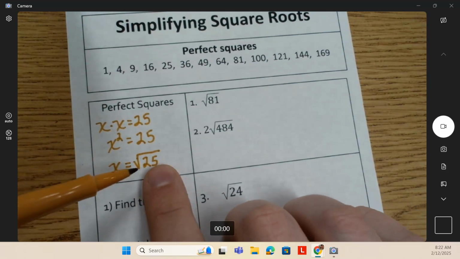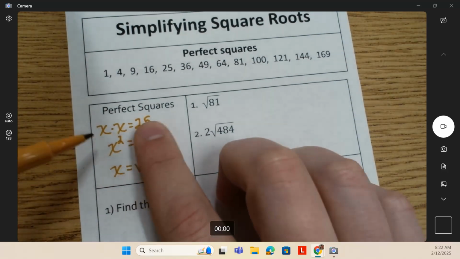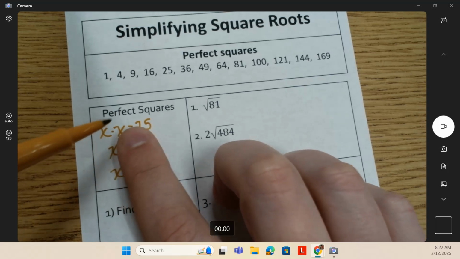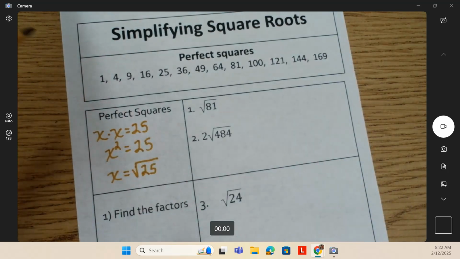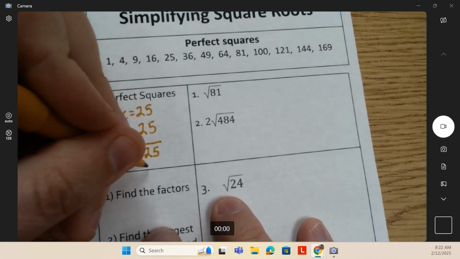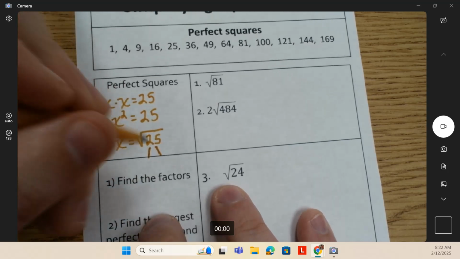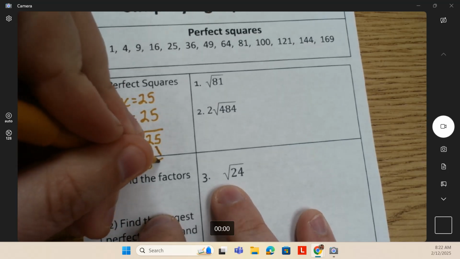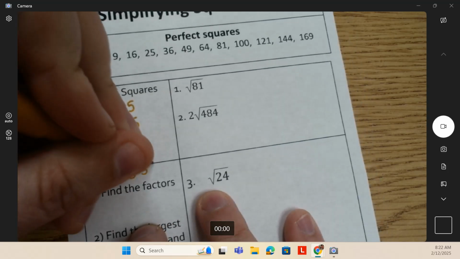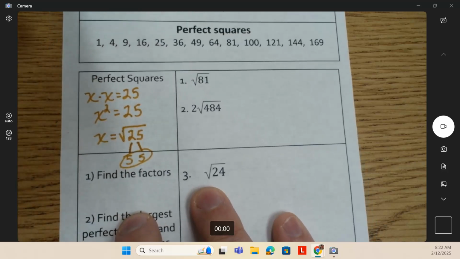You're going to see it this way. More than likely, you're thinking about it like this: what multiplies by itself to get 25? And the way we'll split it up is like that first way and say, well, 5 and 5 are what multiply together to get 25, so x would be 5.